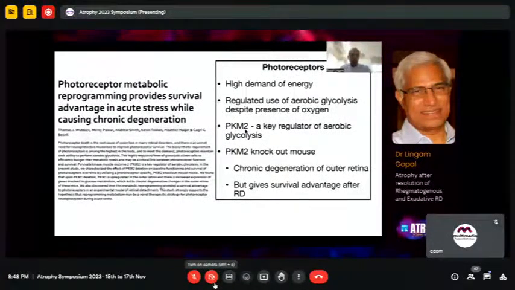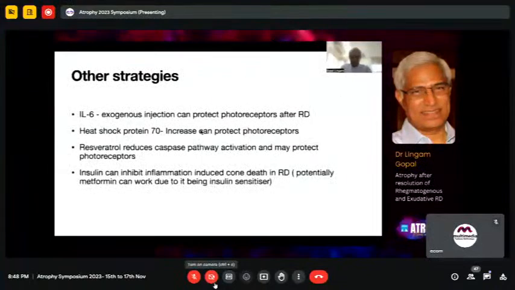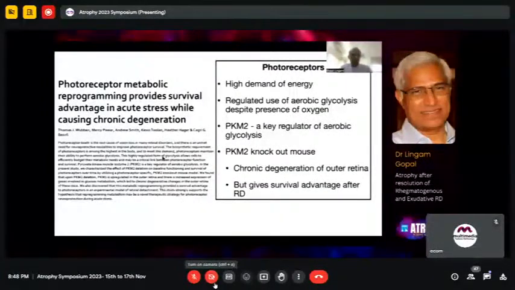PKM2, which is pyruvate kinase muscle enzyme isozyme 2, is a key regulator of aerobic glycolysis. In PKM2 knockout mice, chronic degeneration of outer retina was observed, but incidentally they also found it gave survival advantage for the photoreceptors after retinal detachment. How far this can be translated into an experimental model or a target that could be inhibited is not clear.